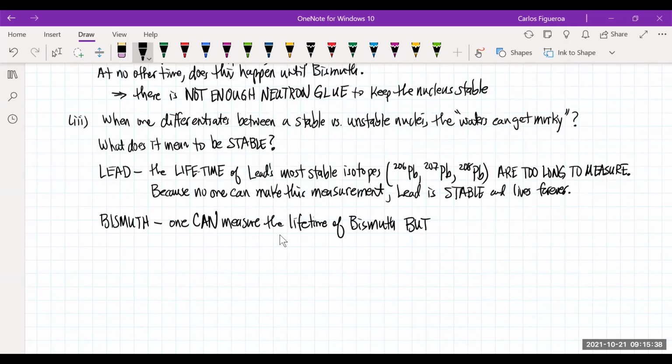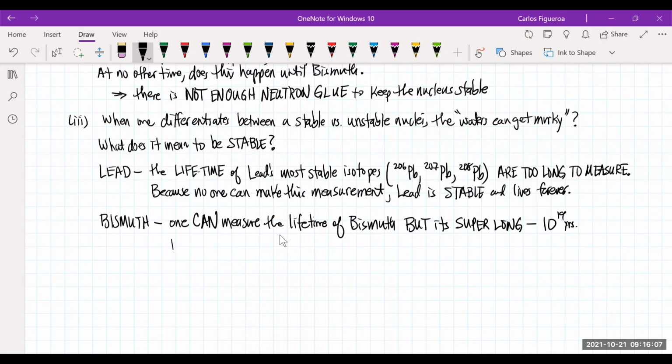But it's super long. So what's super long? It's 10 to the 19 years. Okay, it's 10 to the 19 years. And this is just an astounding number.